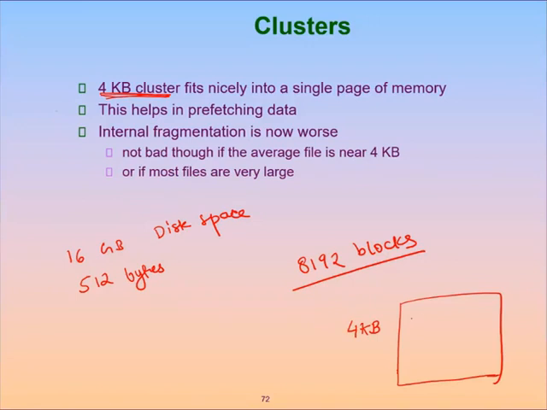So if there is a file which is maybe 512 bytes or maybe 518 bytes, that file is stored, but the rest of the space is not used. And this is called internal fragmentation. So definitely whenever you increase the size of the cluster, the internal fragmentation increases.